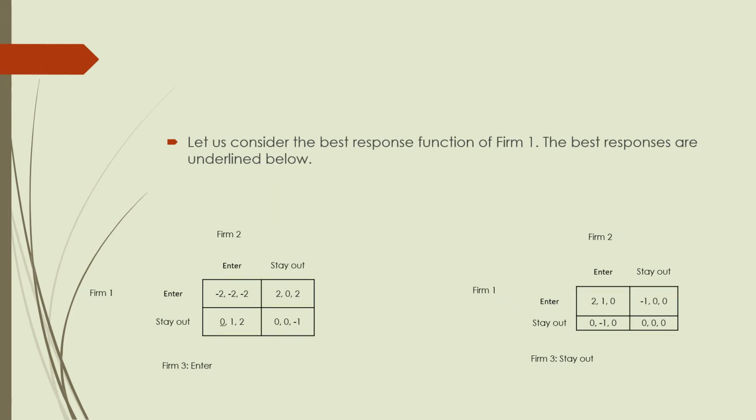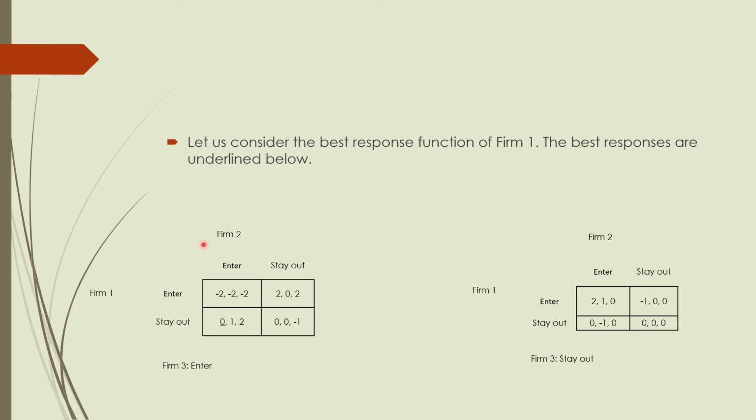Let us consider the best response function of form 1. This should tell us the best way form 1 should respond to any combination of strategies chosen by forms 2 and 3. Suppose form 2 and 3 both decide to enter.